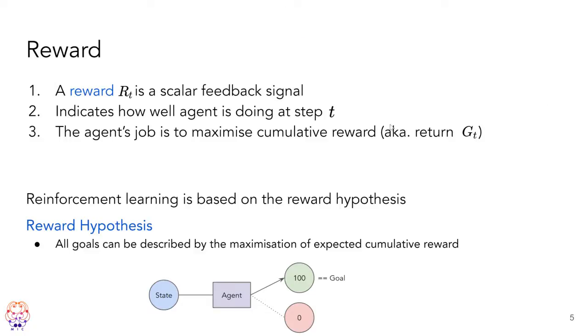By maximizing this reward, can we say it's always the case that we get to some certain goal? And that's called the reward hypothesis. All goals can be described by the maximization of expected cumulative reward. So what does that mean?